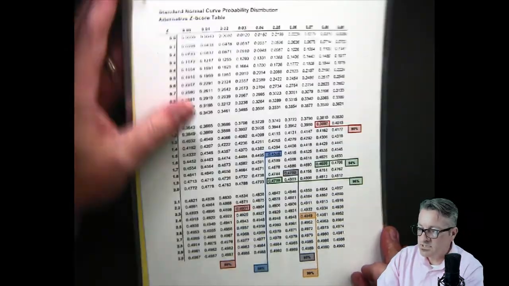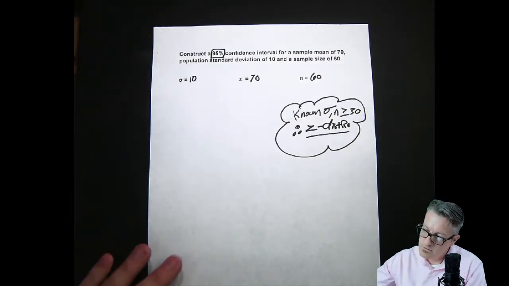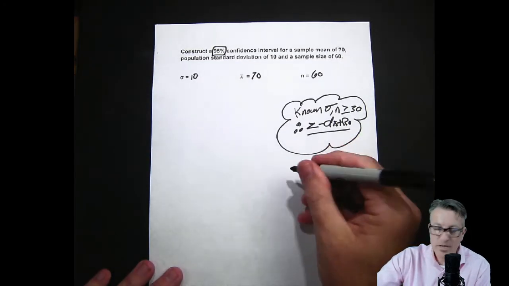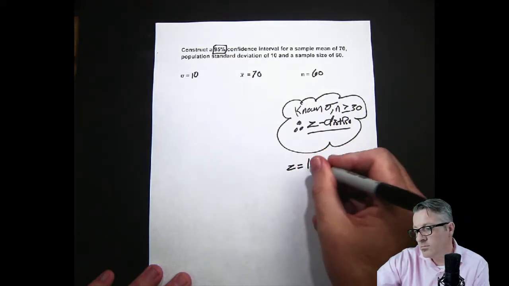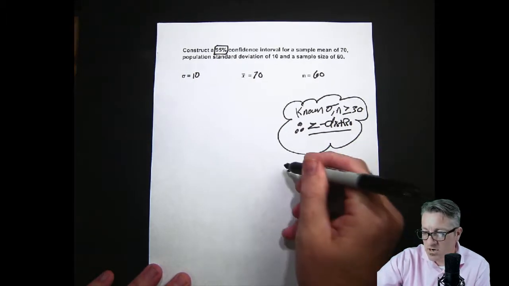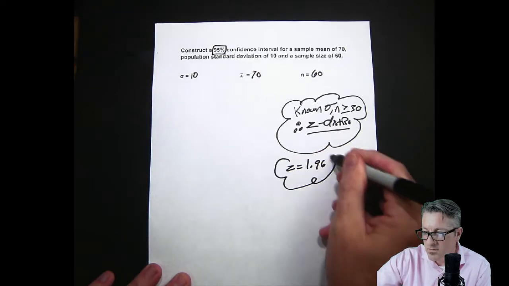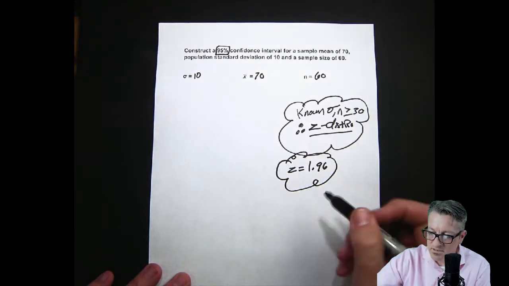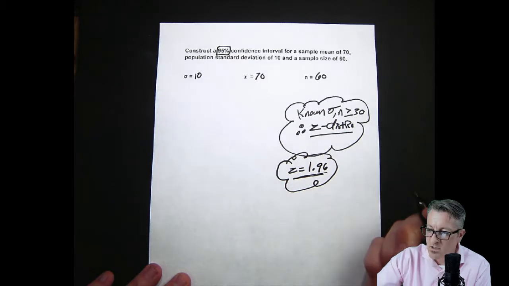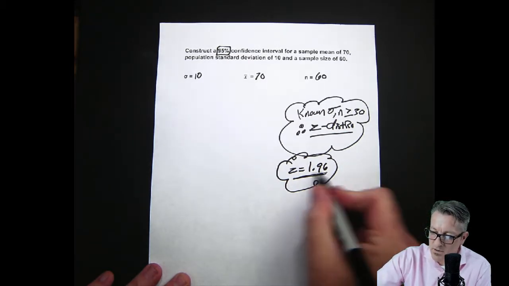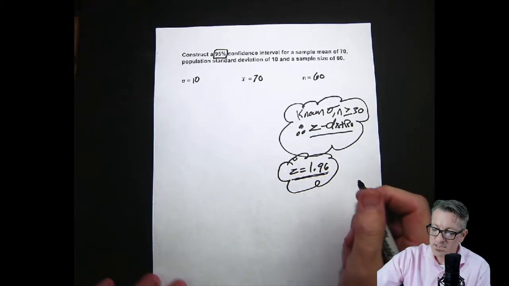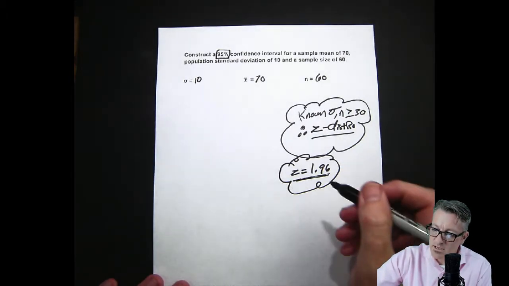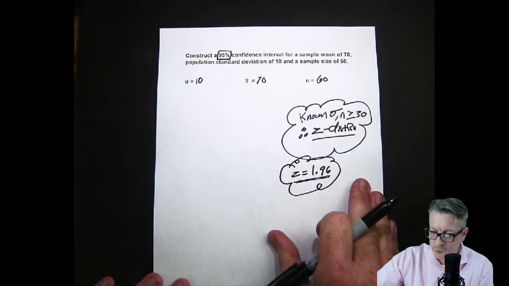So this is our critical value. This is our cutoff if we're doing hypothesis testing. This would be our critical value here, but we're just doing a confidence interval, so that's fine. Okay, so let's go and solve the rest of this.